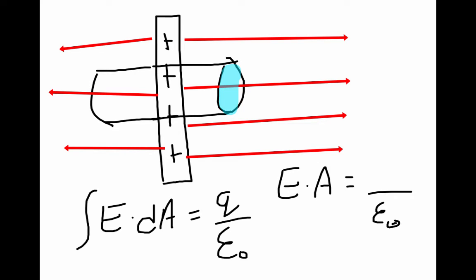Since we have charge over the area of the plane, what I can do is substitute out charge for sigma A, and technically there are two surfaces that have flux, the front and the back.